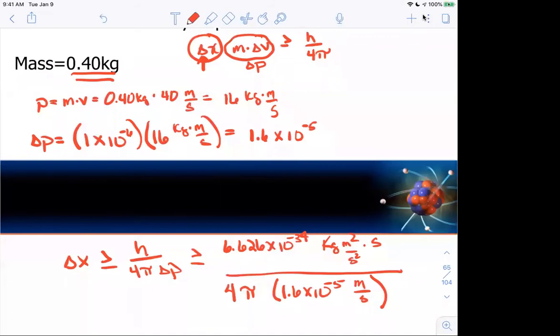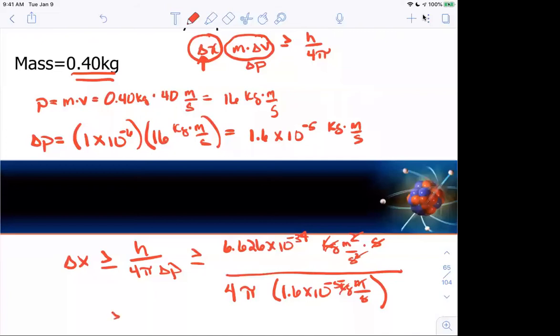So now my delta x, oh, this is kilogram meter per second. So that cancels with that. One of these cancels with that. This and this cancel with that. And what I'm going to get is meters.